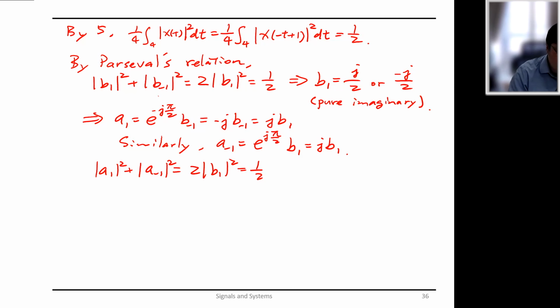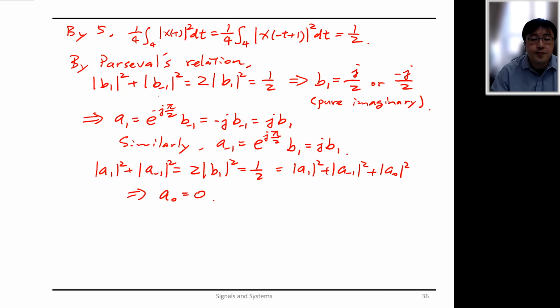But we also know that, by Parseval's theorem, this 1/2 should also be equal to the sum of the harmonic components. So this means that A0 is 0.